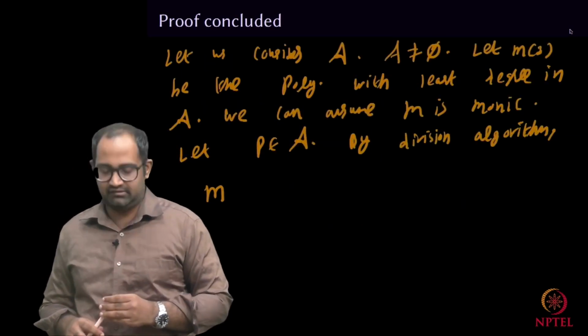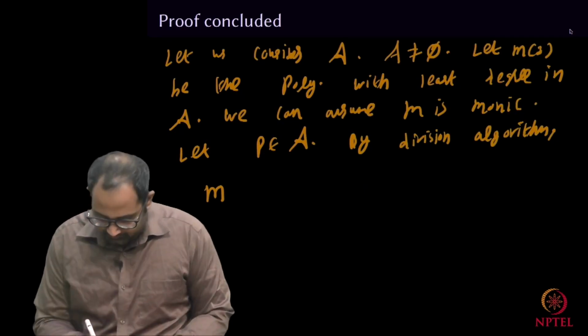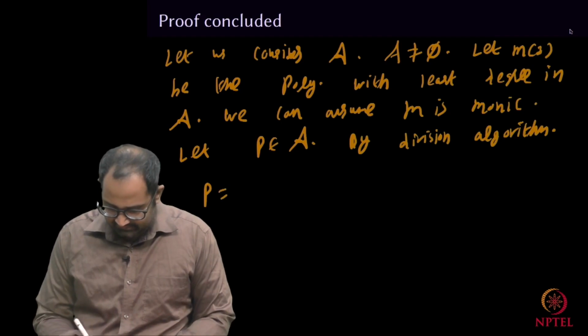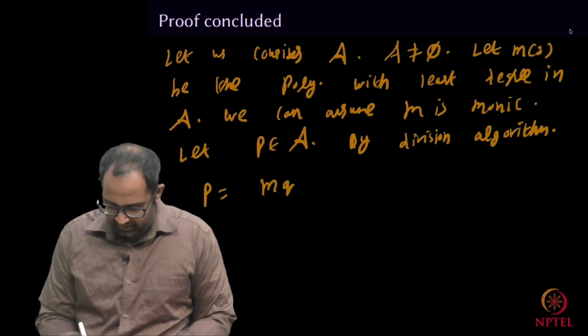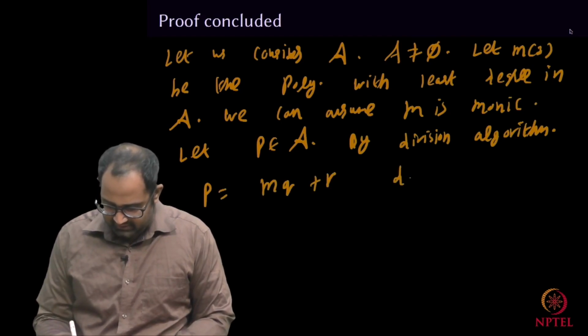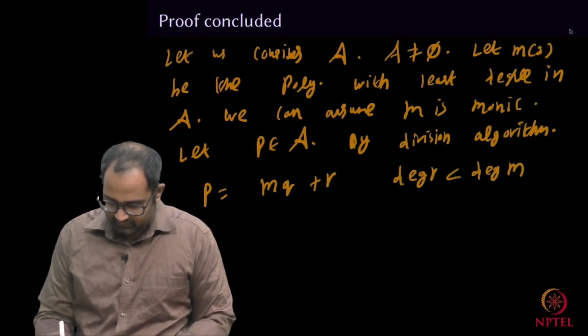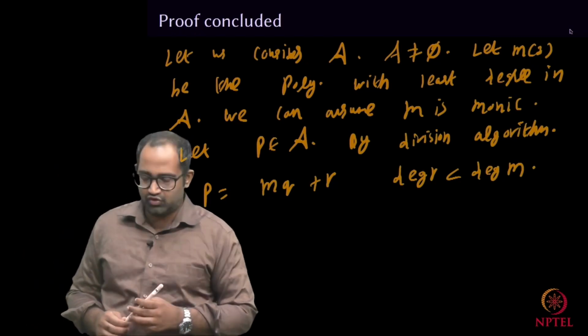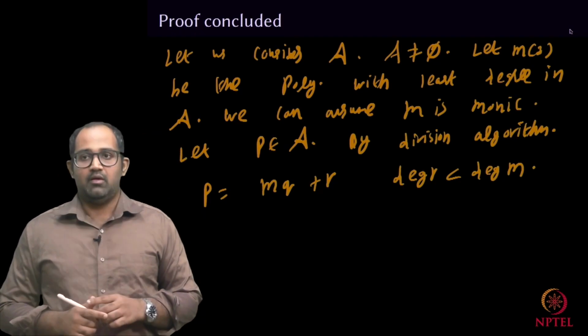So I am going to reuse letters. M, or rather P, I can write as MQ plus R with degree of R less than degree of M. This is just by the division algorithm for polynomials, which we have shown earlier in the course.